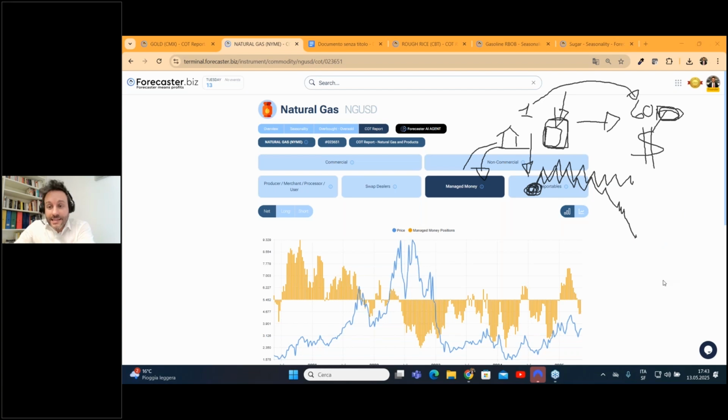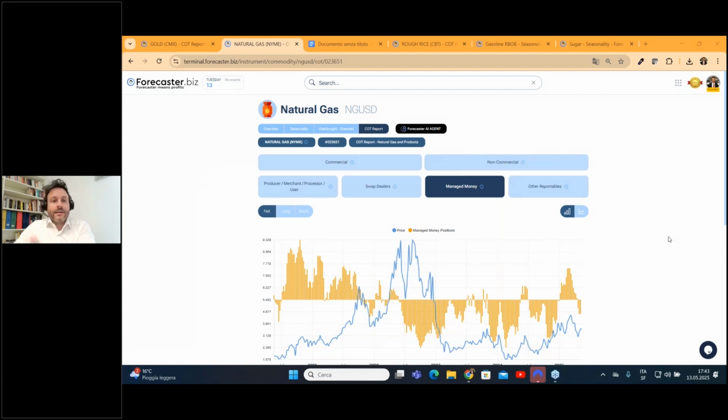This is why the futures market exists, because it allows producers to short a future contract. And very simply, if they short, it's like they are freezing their deal.